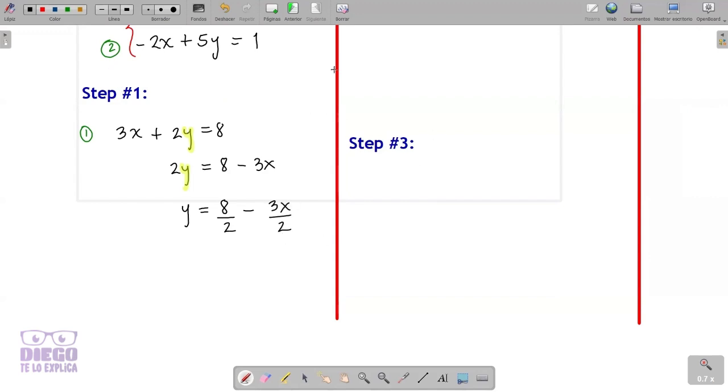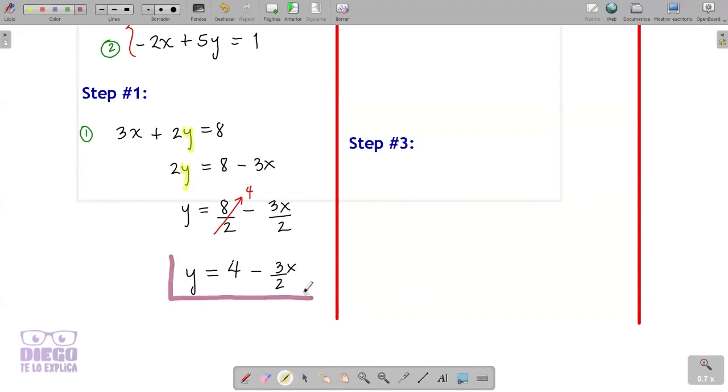Now we have 8 over 2 minus 3x over 2. Obviously, we know the answer of this simplification. This is 4. So the final y expression is 4 minus 3x over 2. This is the expression.